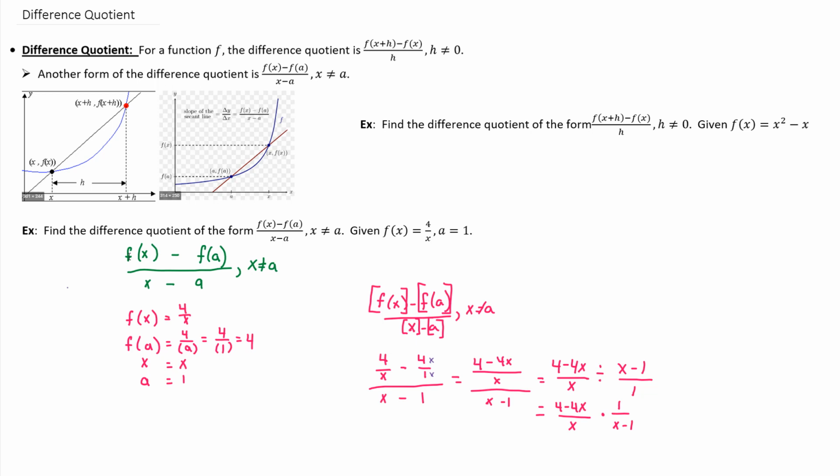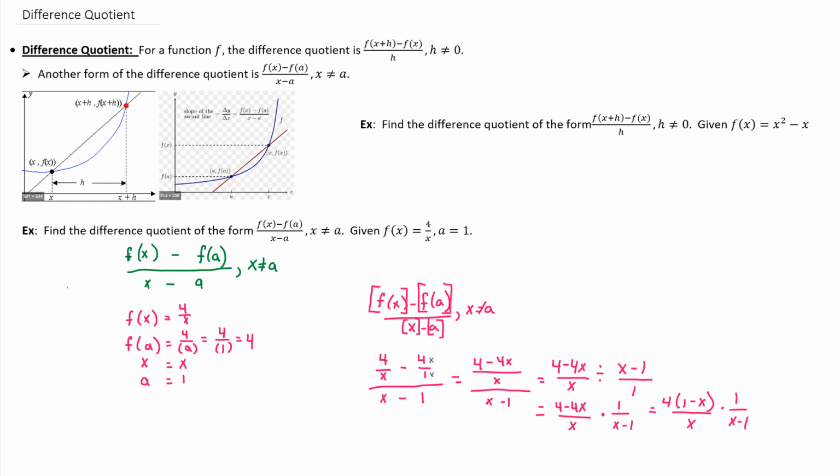And then with multiplication, you usually look for canceling. And it may not be obvious, but this first term has a factor of 4 in common. So I'm going to rewrite where I factor out that 4. And so if I do that, I'm left with 1 minus x over x times 1 over x minus 1.